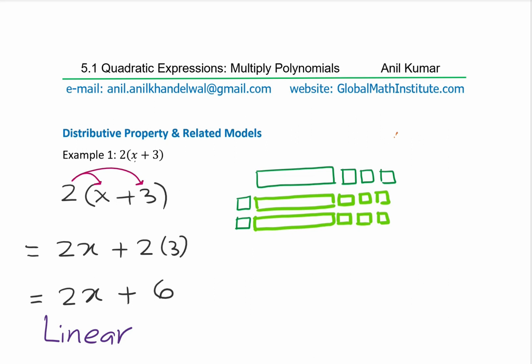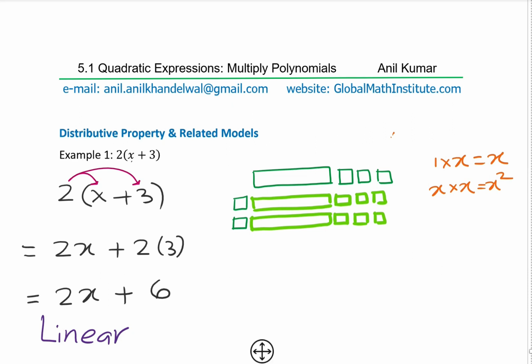one times x is x and x times x is x squared. Perfect. So that is the concept. Now in this particular case, we are multiplying by 1, and so we get these units.